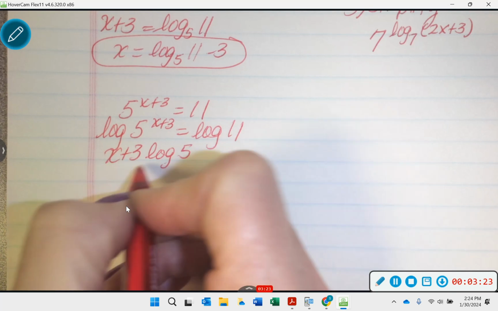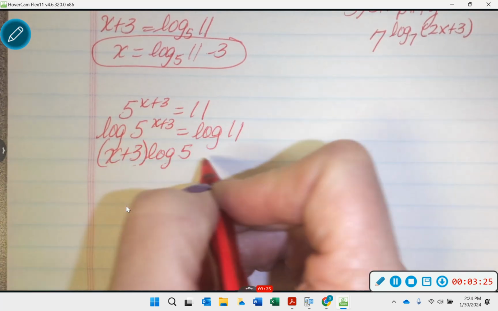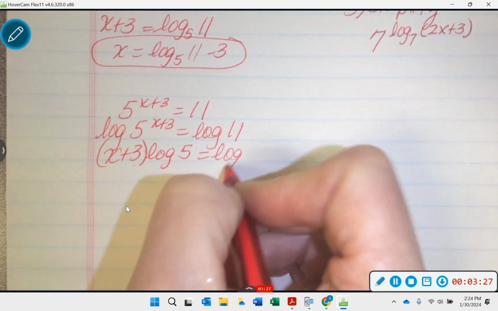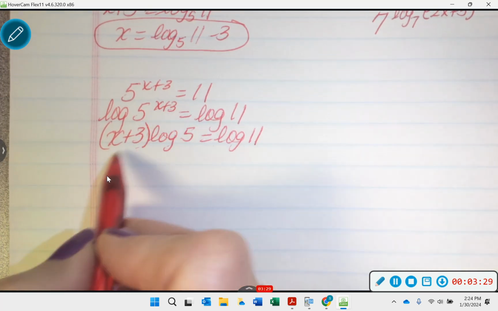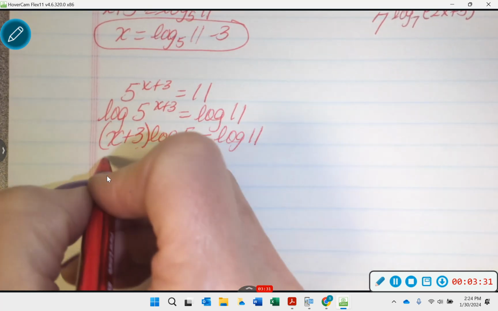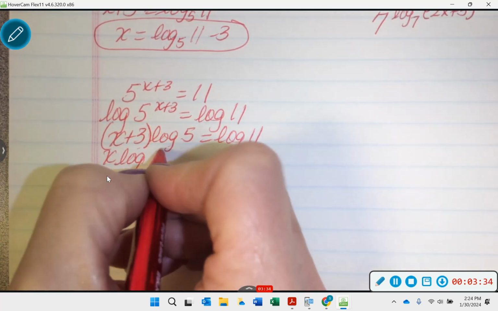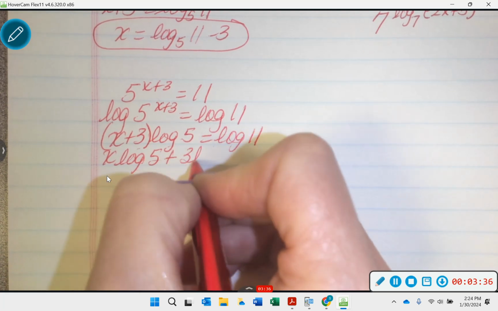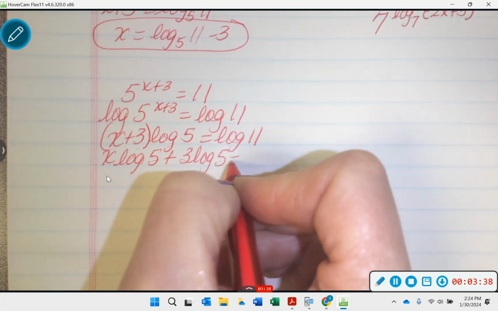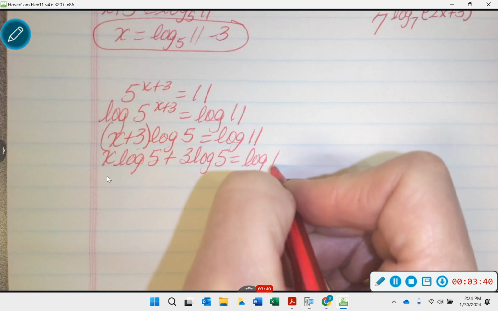Now, this would have to go in parentheses, that x plus 3, because that whole thing becomes the coefficient. And now when I distribute, I get x log 5 plus 3 log 5 equals log 11.